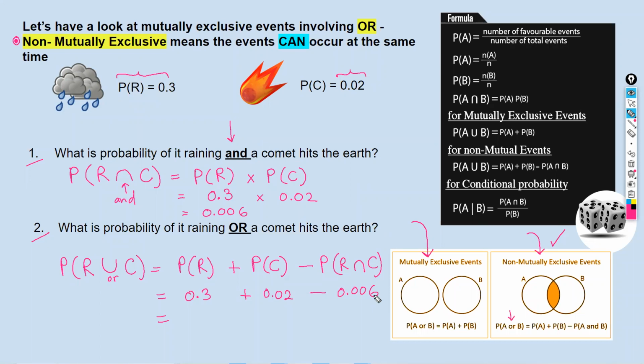Work it out and kindly send your answers across. I'm getting 0.314. I know some of you might round it off to 2 decimal places. I don't think the examiner will have a problem with 2 decimal places, but I would take no chances in the exam. And if I can go to 3 decimal places, I will.